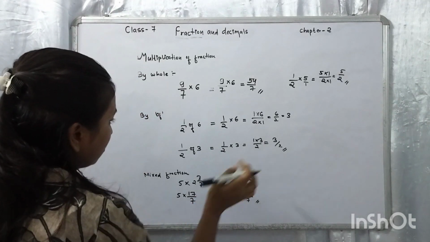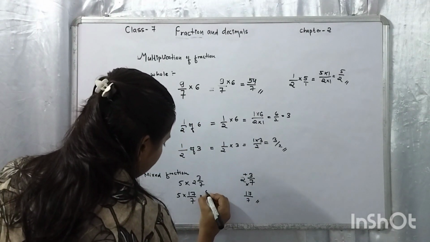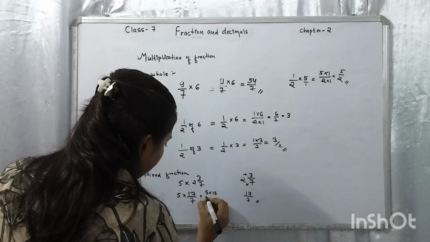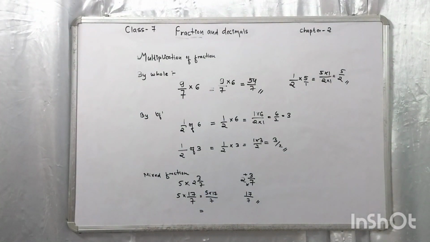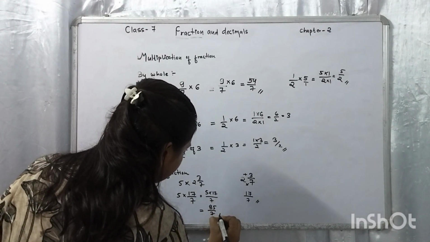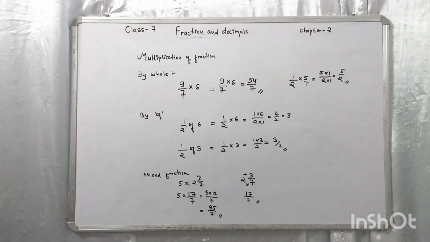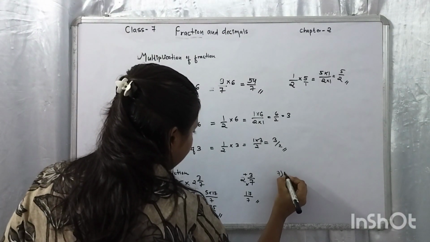Now as I told you earlier how we can multiply, that is 5 into 17 by 7. 5 into 17 is 85. 85 by 7. This is your answer. Again, you can convert it into a mixed fraction by directly dividing it.